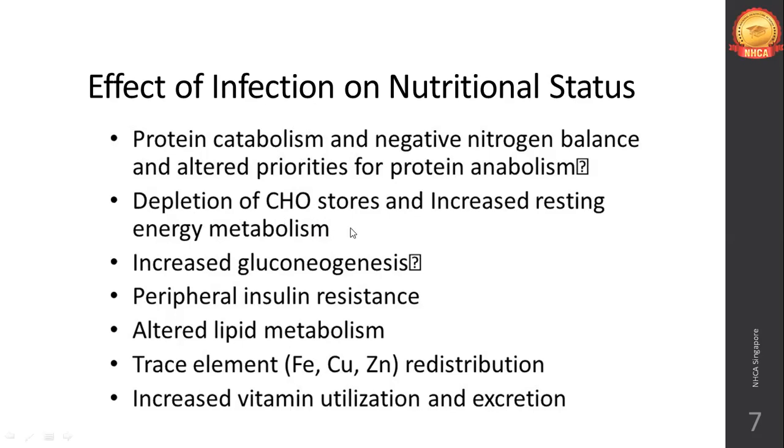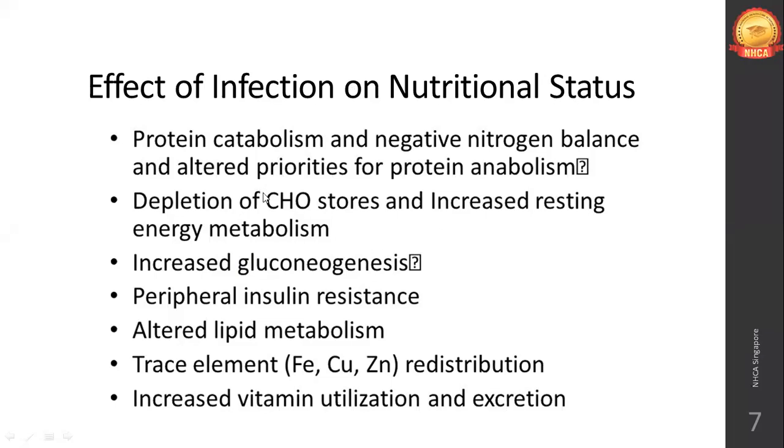Even if the infection is for a very long time, automatically the person may undergo severe weight loss, and the person may undergo a malnourishment stage. Increased gluconeogenesis: the liver is using up the carbohydrate stores, it uses the gluconeogenesis cycle to make glucose.